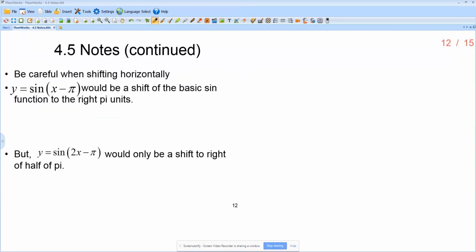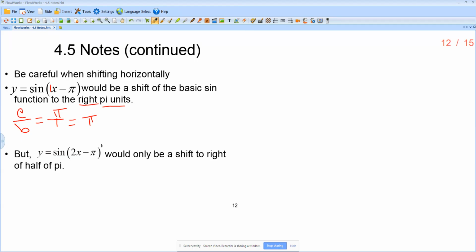All right, so again, just be careful when shifting horizontally. When I look at this, y equals sine of x minus pi, that would be a shift of the basic sine function to the right pi units, because if I did c over b, I would have pi over 1, which is pi.